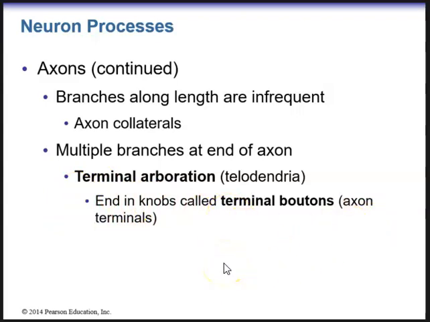So think of a long axon and then finger-like projections, sort of like a hand, coming off of the axon. These are the terminal arborations, and these terminal arborations will end in button-like or knob-like structures called terminal boutons, also known as axon terminals.